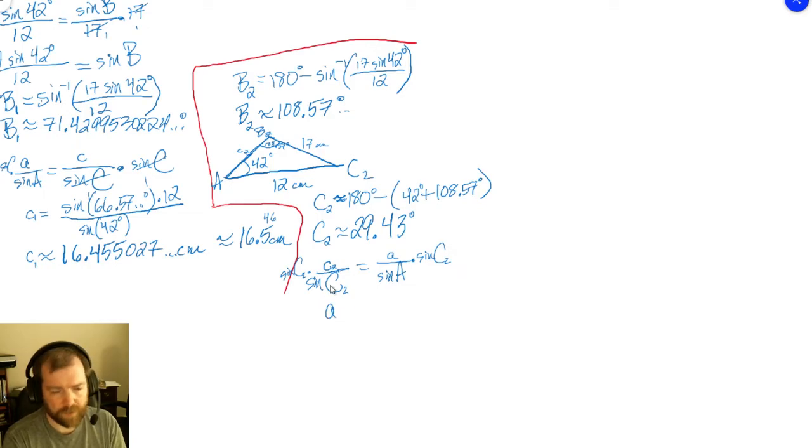So c2 is equal to little a, which was 12, times sine of big C2, which was 29.43 degrees. Again, not that value, but really close to it. Divided by the sine of 42 degrees.